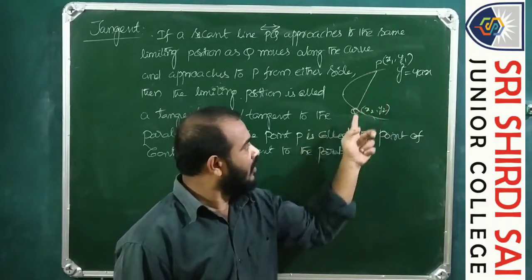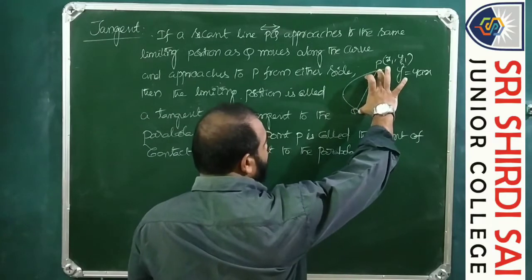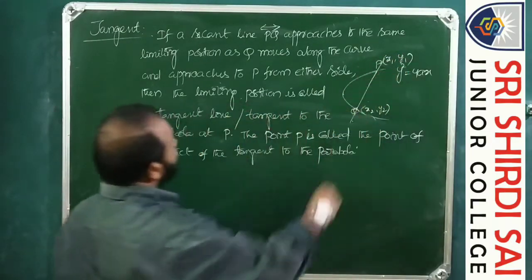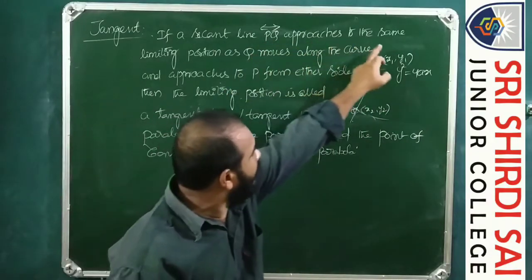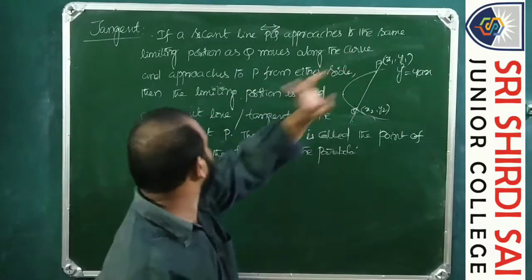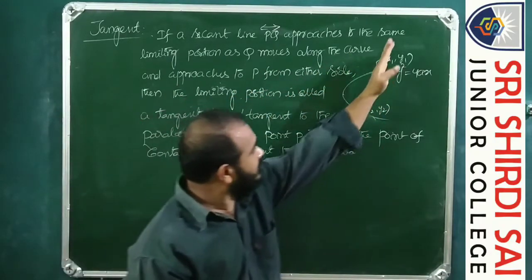Now this PQ is a secant line, the infinite line. This secant line PQ approaches the same limiting position as Q moves along the curve and approaches P from either side.